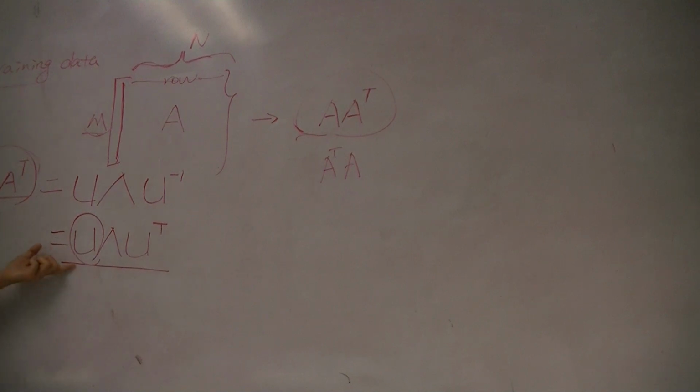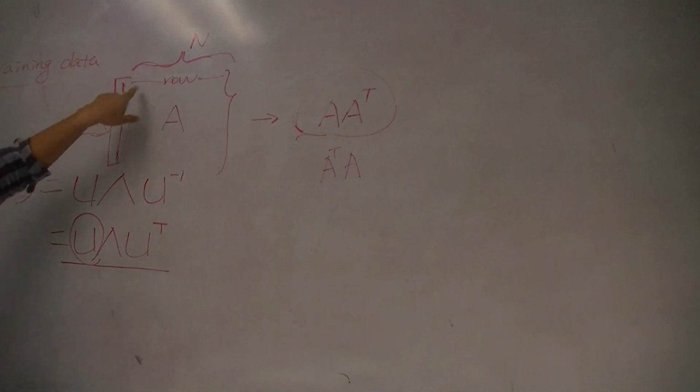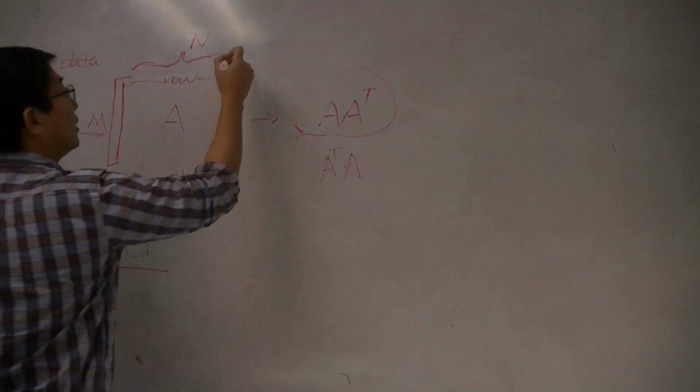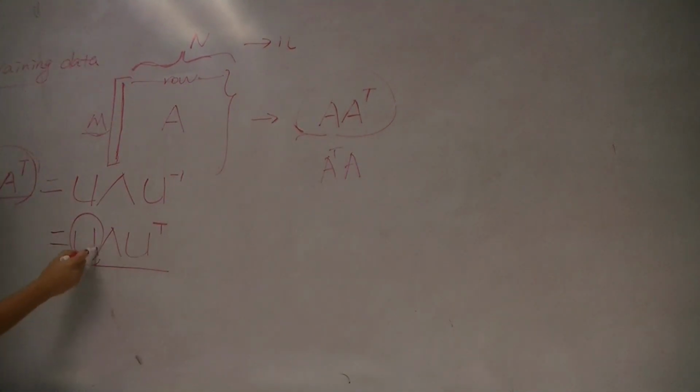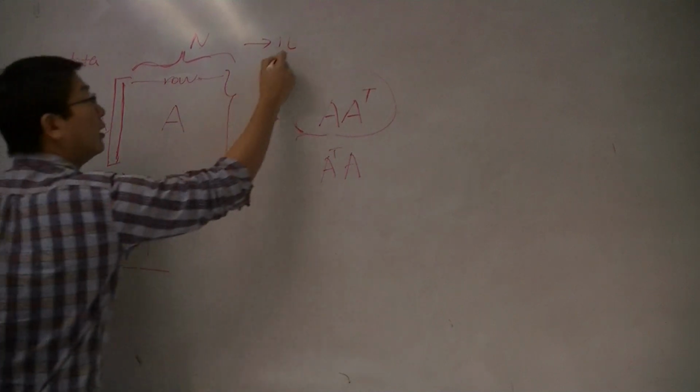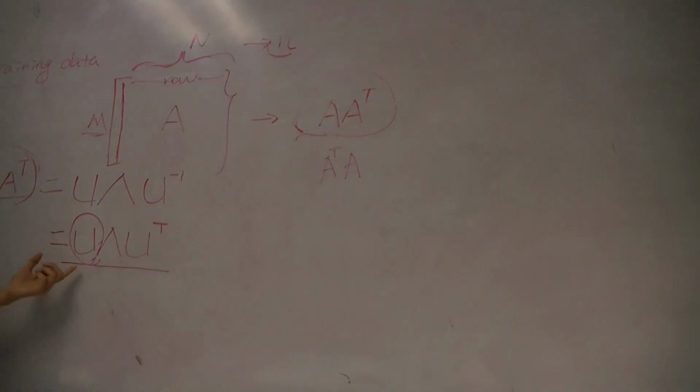For our purpose, we would like to reduce the dimension from capital N to small n. That means for this eigenvector matrix, we can simply keep the n eigenvectors with the largest eigenvalues. These are the principal components.